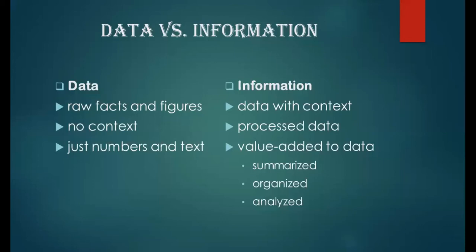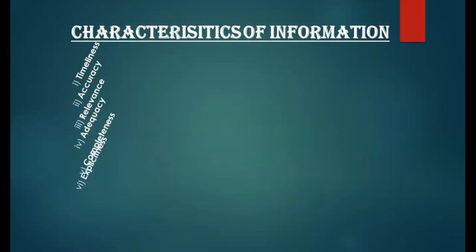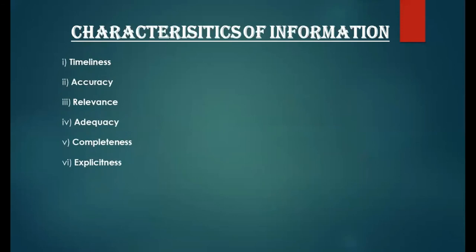After processing, some extra value is added to the data. This value is made to summarize the data. The data is then organized after the processing. It can be used for analysis also. So the processed form of data is said to be information.